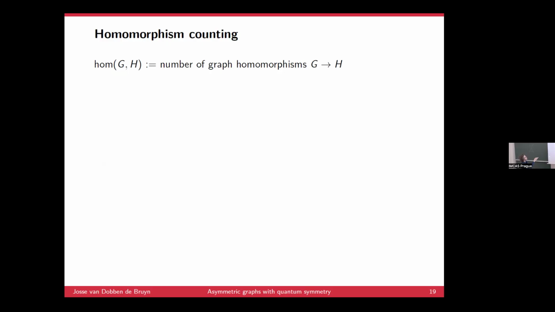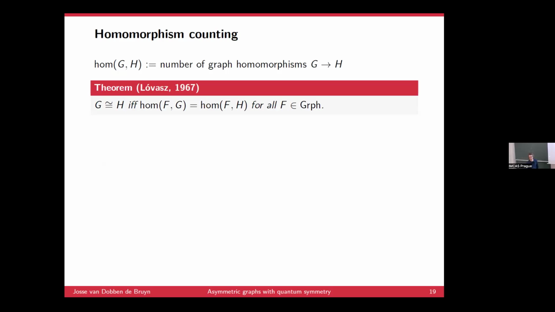So here we have this Hom set, but we only count the number of homomorphisms. Unlike Hom sets in algebra, there's no extra structure: you cannot multiply homomorphisms unless it's from the graph to itself. Otherwise, you cannot multiply or add them. So there's no algebraic structure, just a number of homomorphisms.